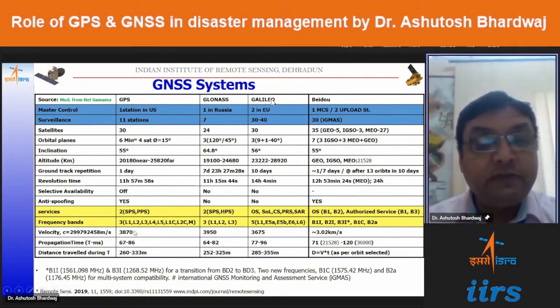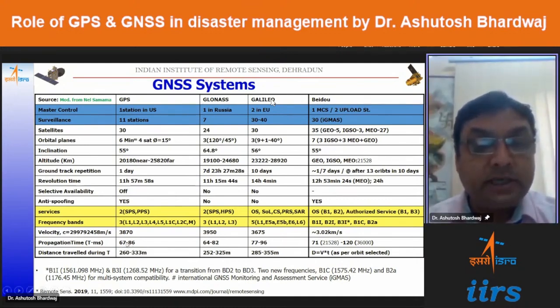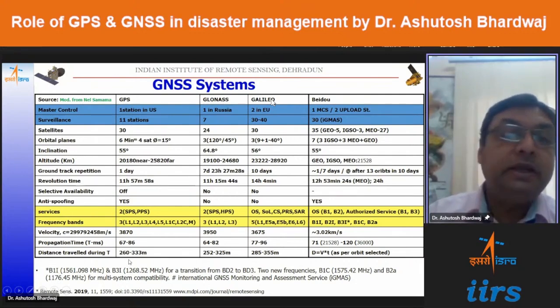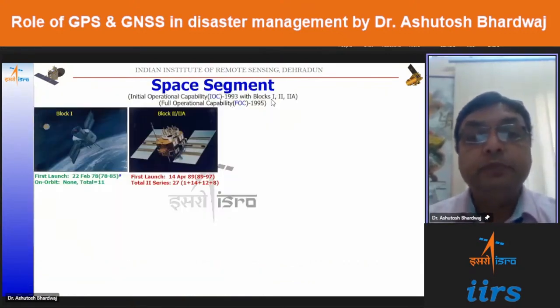And what kind of velocities with which the satellites are traveling in their respective orbits, how much propagation time they need for the nearest position and the farthest position. So it is 67 millisecond here and 86 millisecond for the GPS. And when this propagation time is being passed, how much the satellite itself travels in the respective orbits. So like that, this table is highly useful for the comparison.